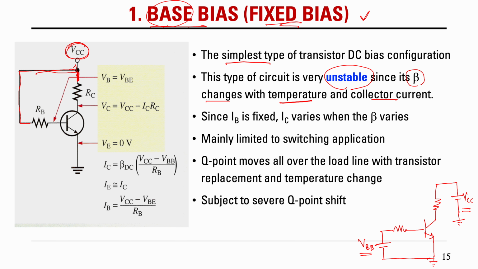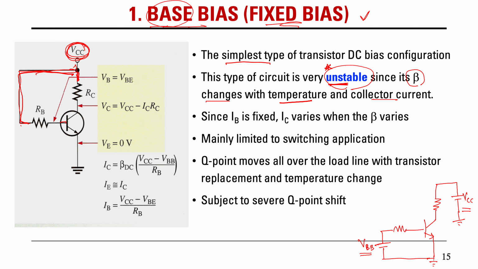If you look here, we only have one voltage source, which is known as VCC, and your base is directly connected to the VCC. So it is very unstable. Please remember this, because this might be asked. It is very unstable.